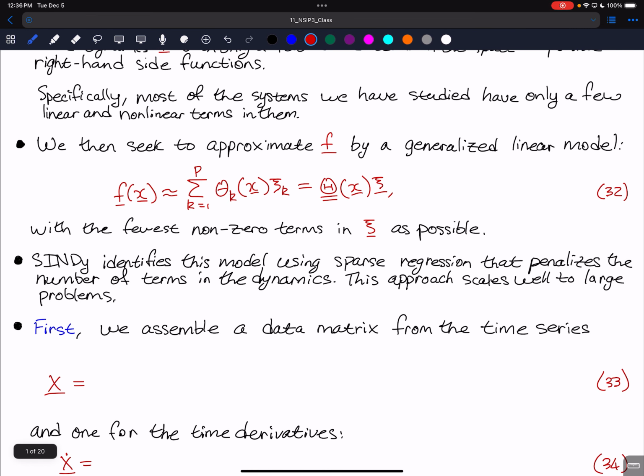So SINDy identifies this type of model by using sparse regression that penalizes the number of terms in the dynamics. And as a result, this approach tends to scale well to large problems.